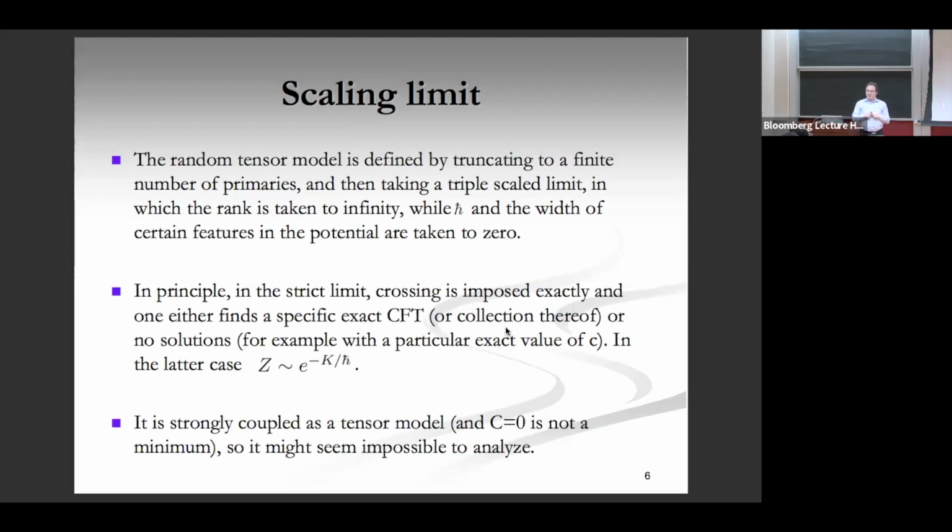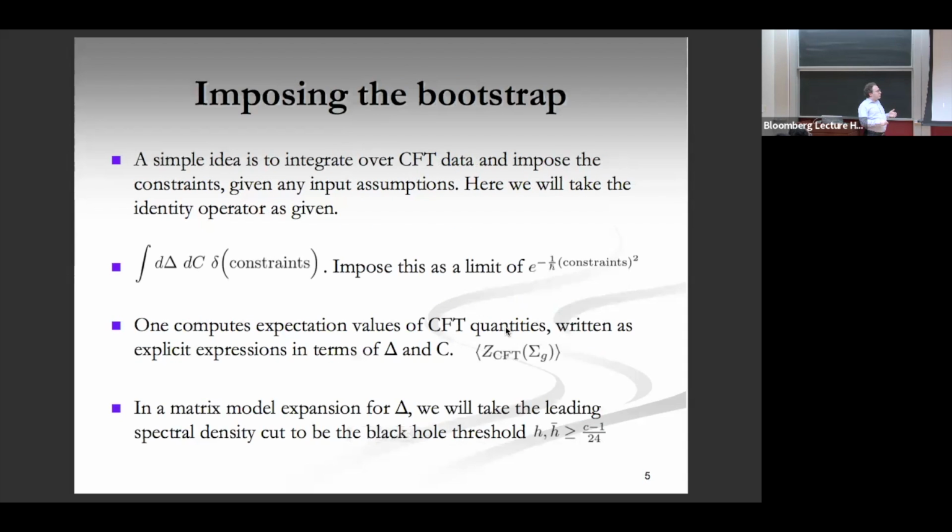That's an expansion from the top of the potential, and the model is quartic in C's because crossing is quadratic in C's. So it looks like a strongly coupled tensor integral with very complicated functions of the weight. So that sounds terrible. And normally, if we have an expansion where e to the minus some potential and C equals 0 is at the top of the potential, we would try to find the minimum and expand around it.